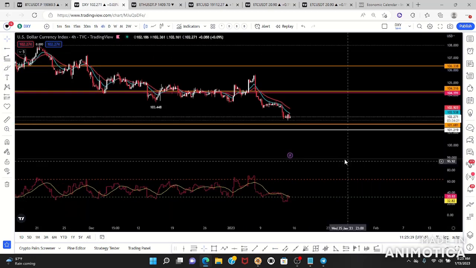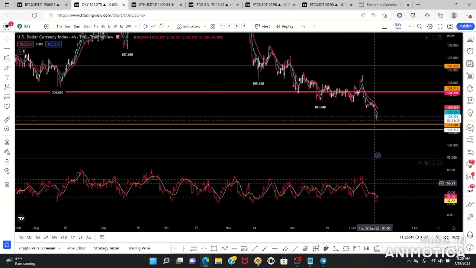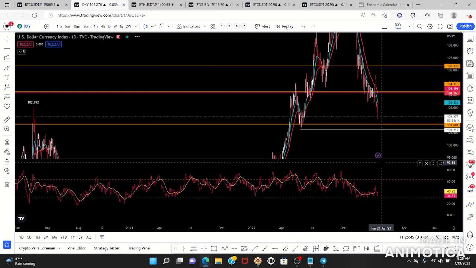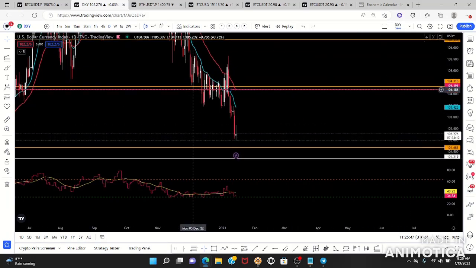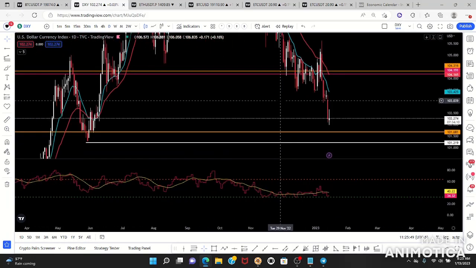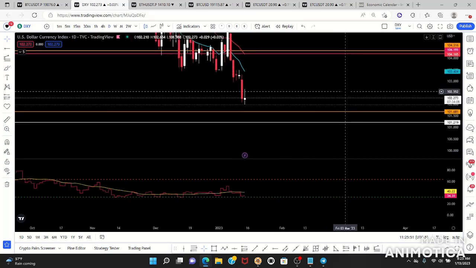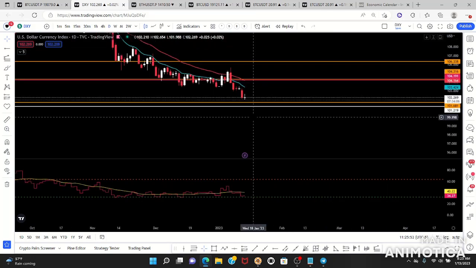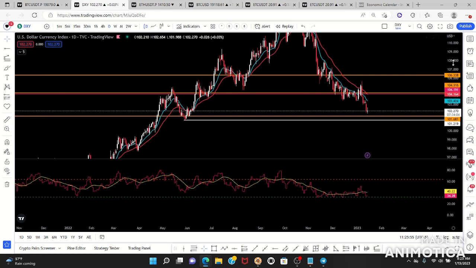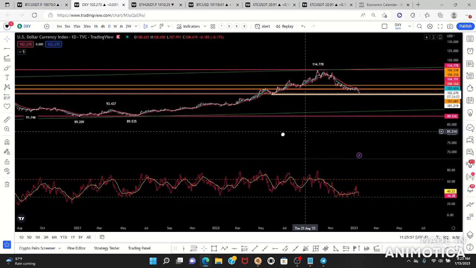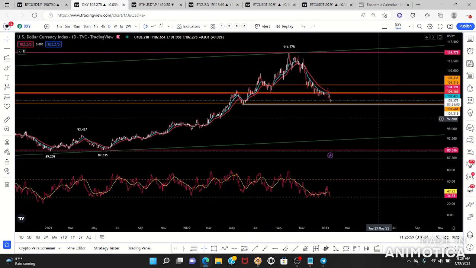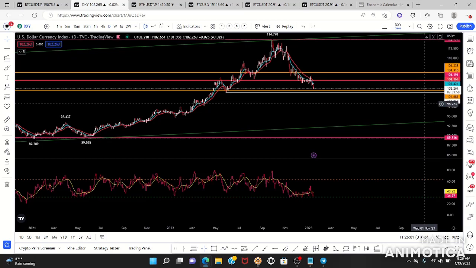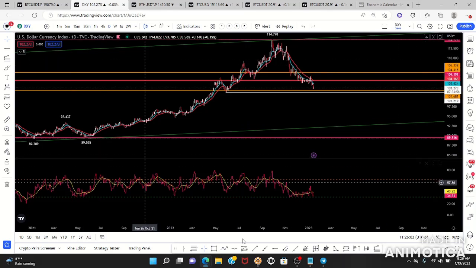And at this point, I'm just trying to see if I could find any divergence, any oversold, any overbought. Of course, we can't trade the DXY. We just want to know what it's doing, what's the possible next move. The way I trade my charts is I say just go with the flow, right?